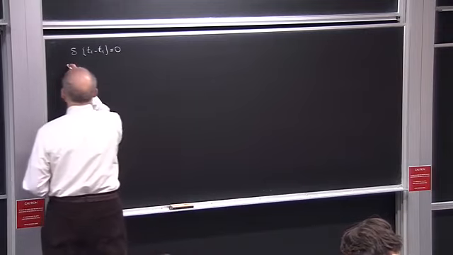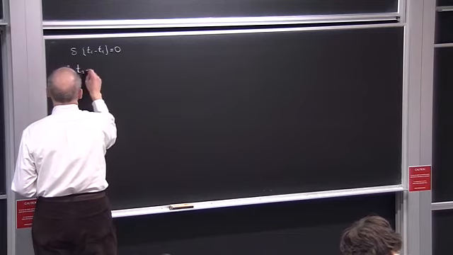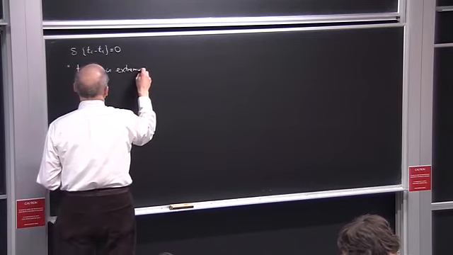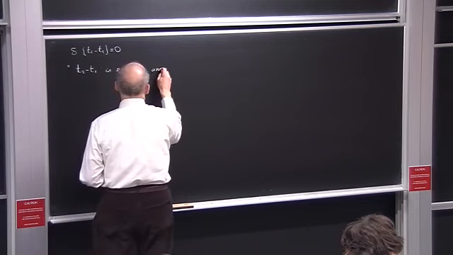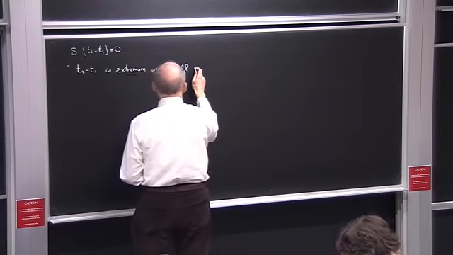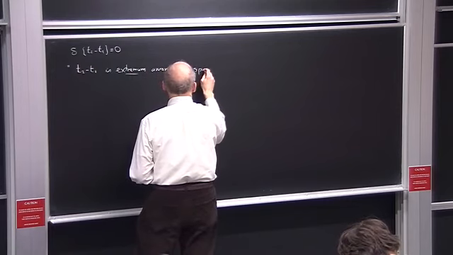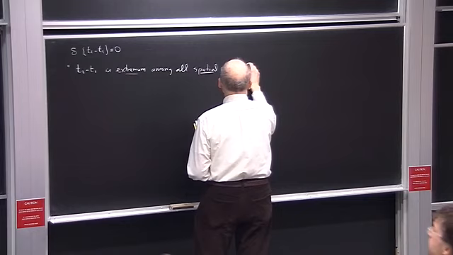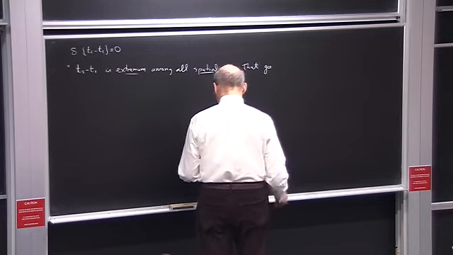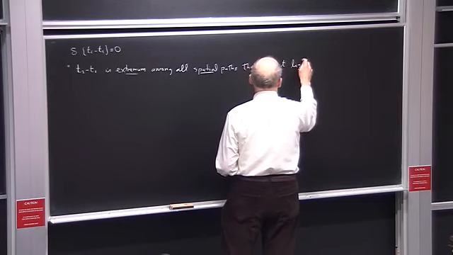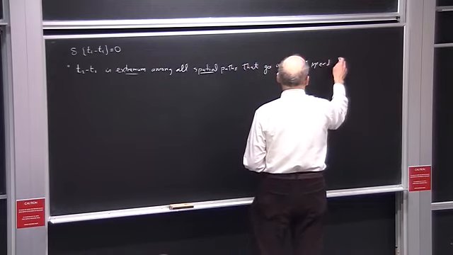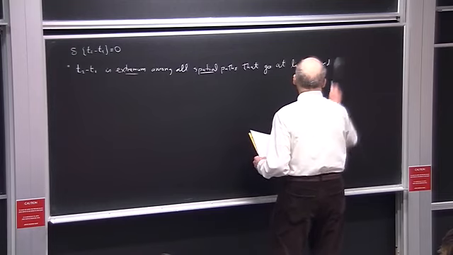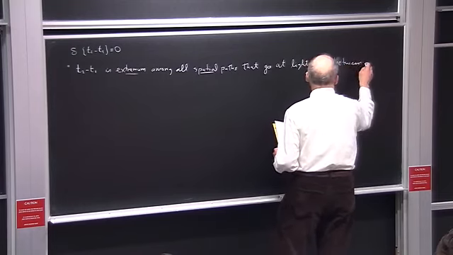So this is Fermat's principle. If I write that now in words, what it's telling us is that t2 minus t1 is an extremum among all spatial paths, orbits as I've been calling them, that go at the speed of light between fixed endpoints.